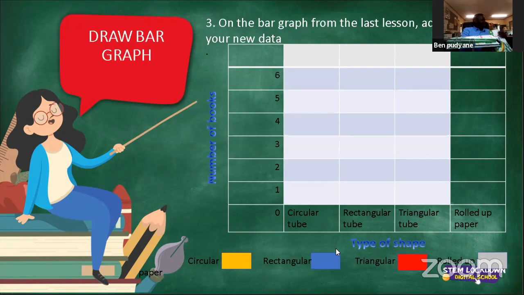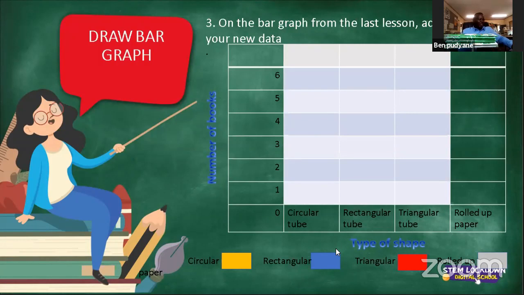Now, let me put 3. If I put these 3, it will be 8 on top. Now I have 8 books on top, heavy books. Now, number 9. You must remember these books are heavier than the ones that I was trying to put yesterday.